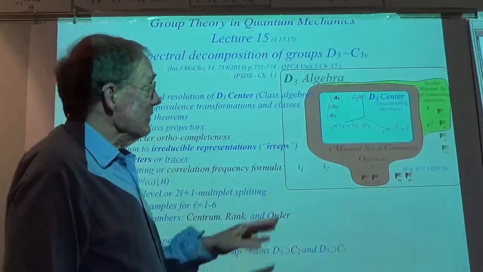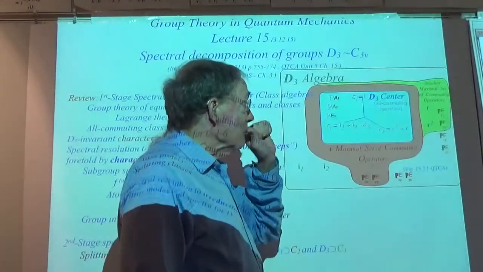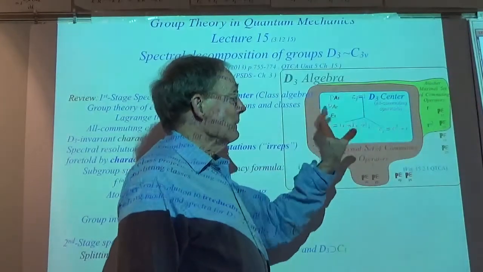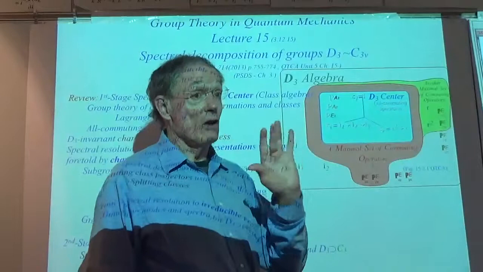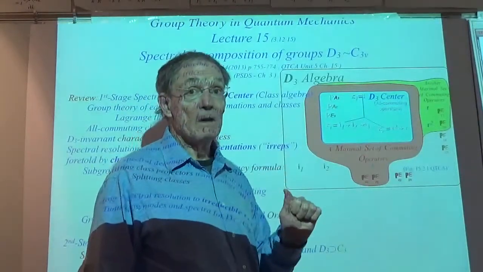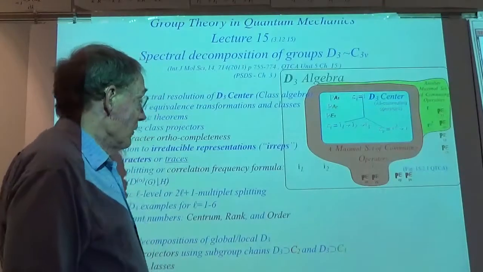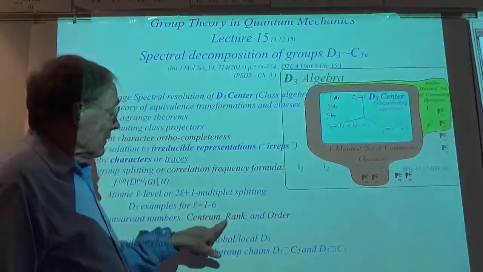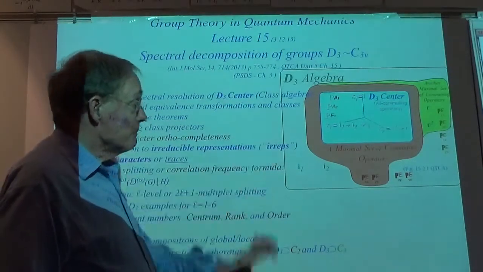What we're going to be interested in are the maximal set of mutually commuting operators. That's a quantum mechanical thing. The maximal set of operators that I could diagonalize simultaneously. That's the number that we mentioned just at the end of the last class, the rank of the algebra.